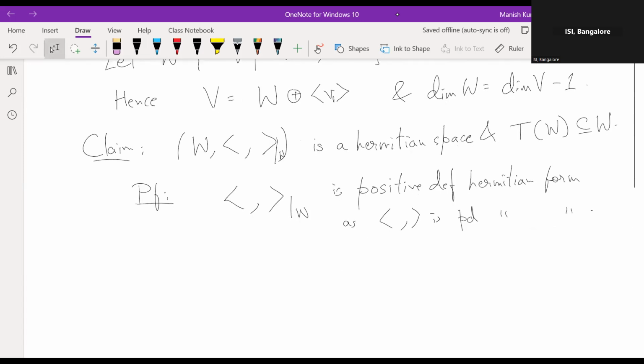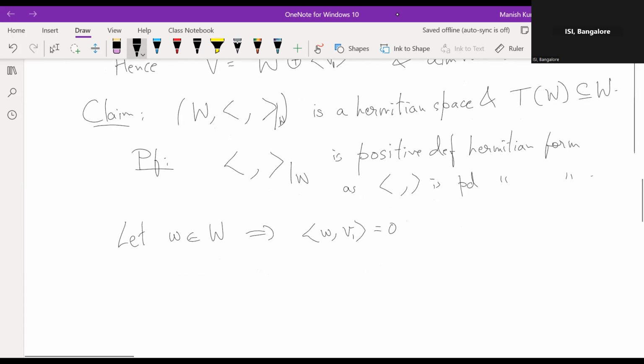So now let's check that TW is contained in W. Let w be in W. This implies that the inner product of w with v1 is 0. And to show that Tw belongs to W, we'll have to check that the inner product of Tw with v1 is also 0.